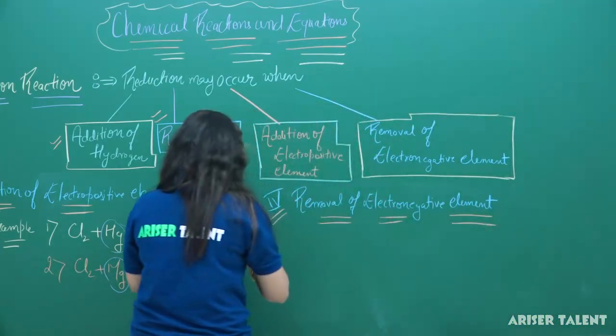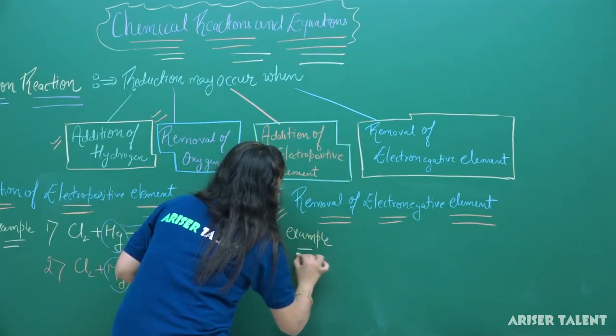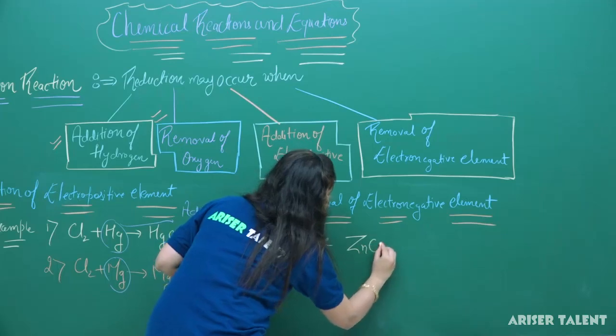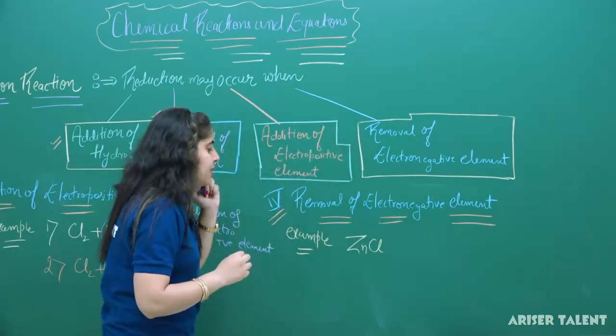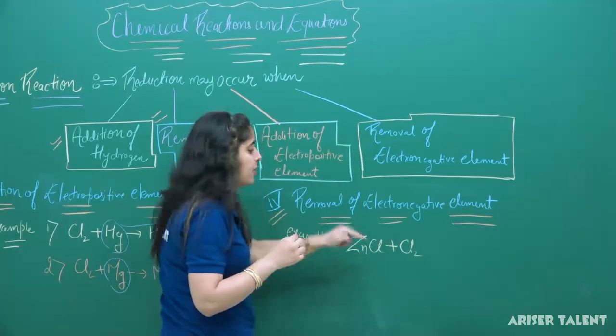So, what will happen here? I am considering ZnCl2. ZnCl2 is zinc chloride.